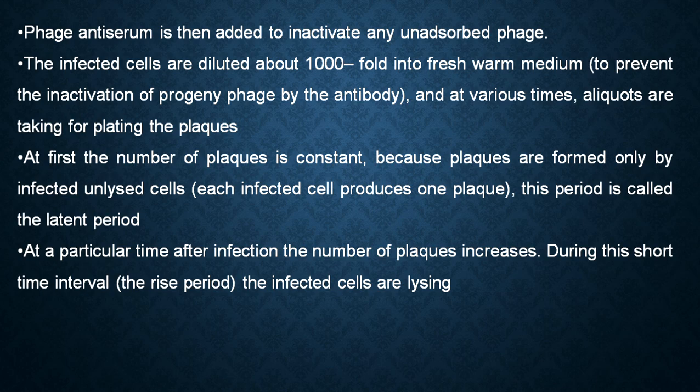At first the number of plaques is constant because plaques are formed only by infected unlysed cells. This period is called the latent period. At a particular time after infection, the number of plaques increases. During this short time interval, the infected cells are lysing.